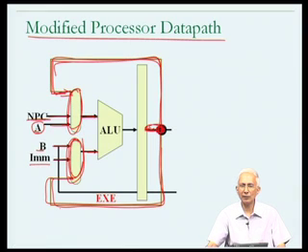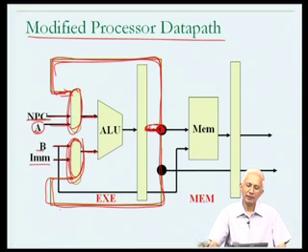So in order to take care of the next instruction, it becomes necessary to include bypass paths from one cycle beyond.